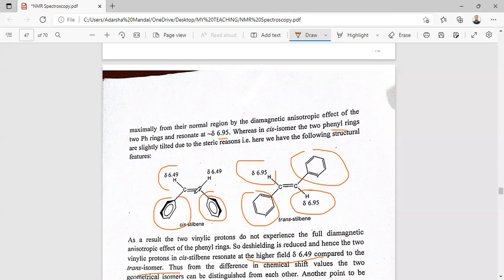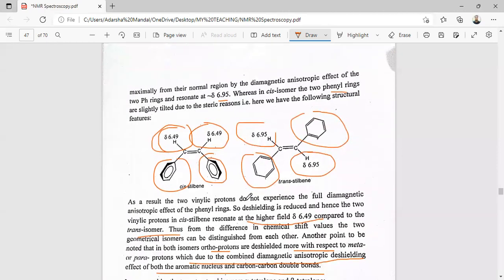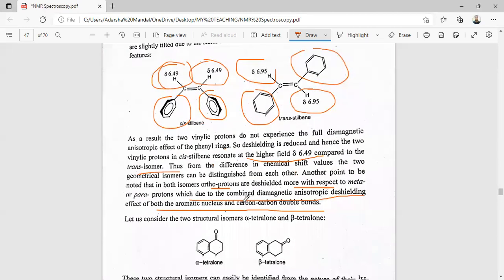So the full diamagnetic anisotropic effect is not observed for these two hydrogens. So these two hydrogens are a little bit upfield compared to the trans isomer. So by NMR spectroscopy, we can distinguish between cis-stilbene and trans-stilbene.